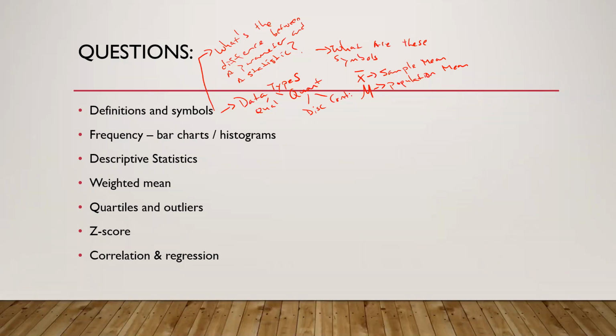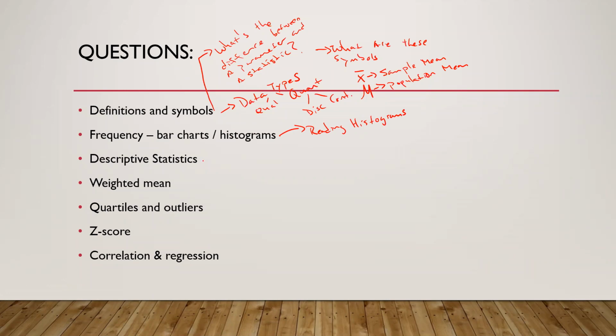Next, there'll be a frequency question related to bar charts and histograms, and it's going to be about reading histograms. I have a question on the next slide that we'll work through.